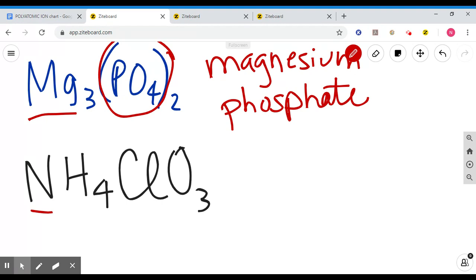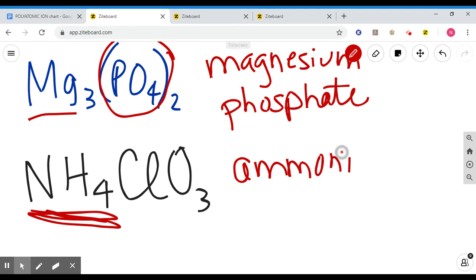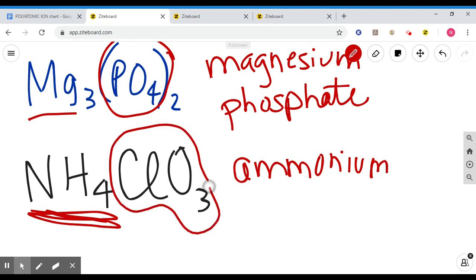It's tricky. It wants you to think that it's something else, all right? So your mind needs to go, oh, NH4, that is ammonium. Not ammonia, that's NH3. Ammonium, and then we have ClO3. This guy is chlorate. So ammonium is the trickiest one out there.